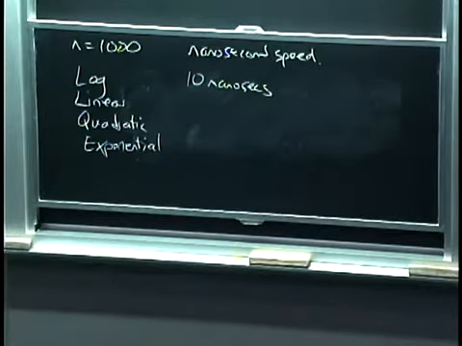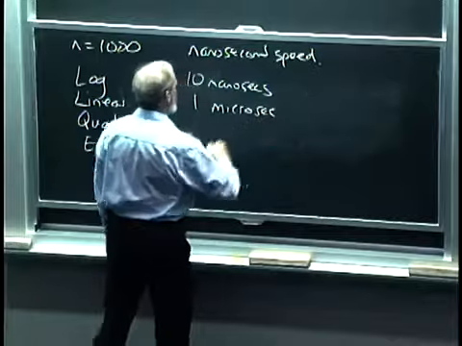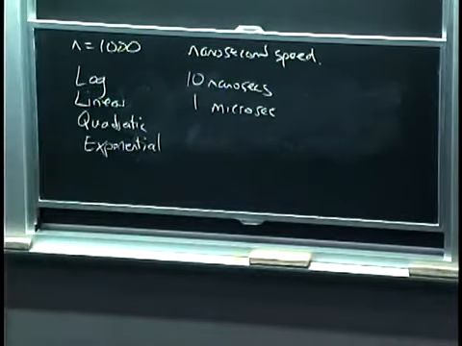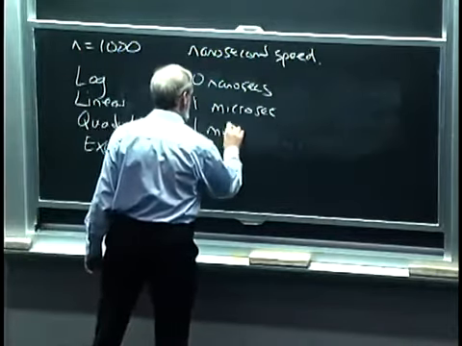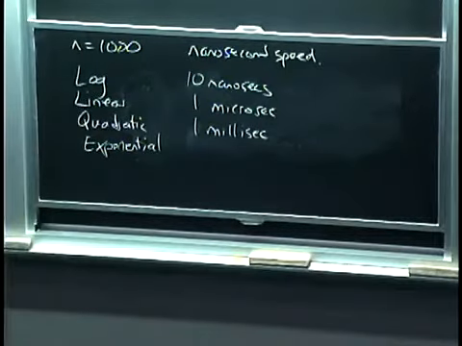You blink, you miss it. If I'm running a linear algorithm, it'll take 1 microsecond to complete. If I'm running a quadratic algorithm, it'll take 1 millisecond to complete. And if I'm running an exponential algorithm, any guesses?